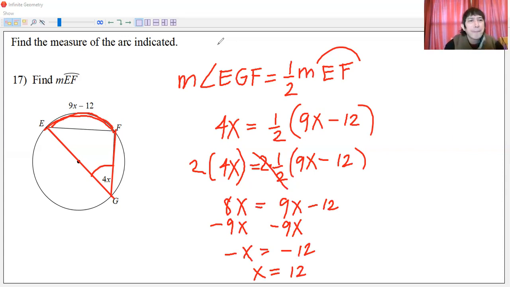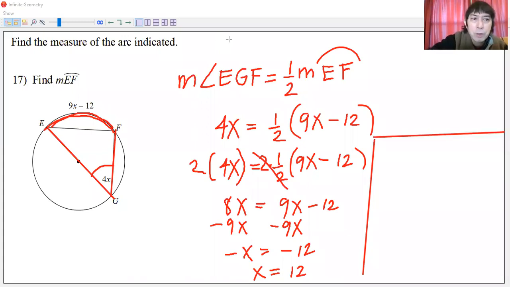And so we're after the arc, not the angle. So arc EF is expressed 9x minus 12. The measure of the arc EF is equal to 9x minus 12.